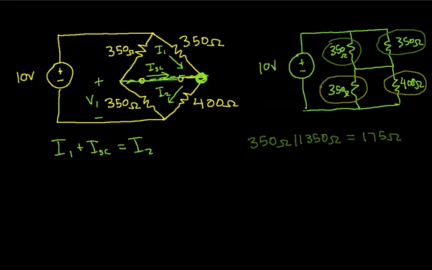If I have two resistances in parallel that have the same resistance, then the equivalent parallel resistance is just half their resistance. 350 in parallel with 400, this one I'll have to work out, it's going to be 350 times 400 divided by 350 plus 400, which gives me an equivalent resistance of 186.67 ohms.